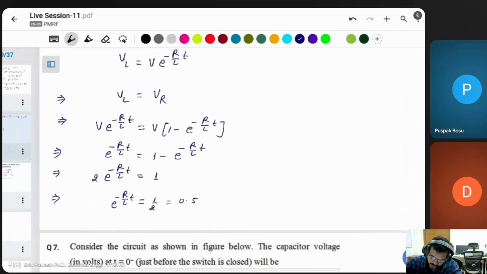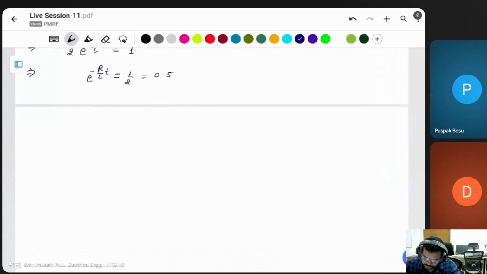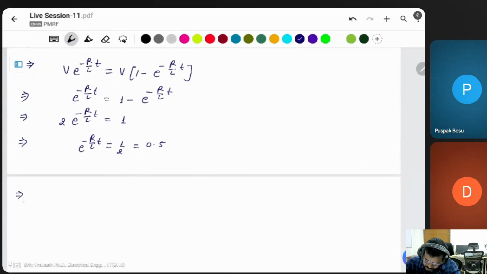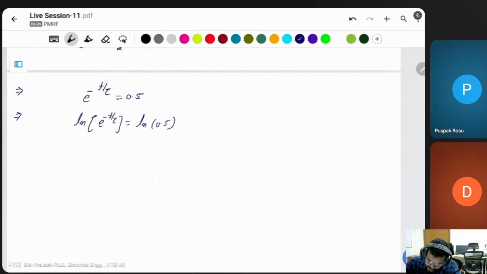R by L is 1 by tau, so e to the power of minus T by tau is equal to 0.5. Applying ln, minus T by tau is equal to ln 0.5, which is 0.693.